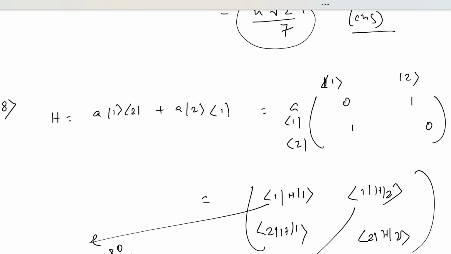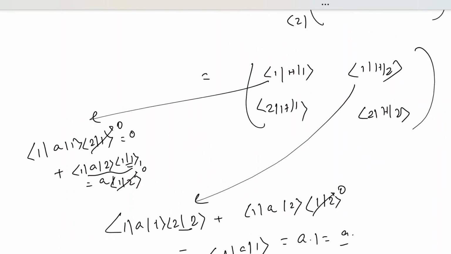So this part is 1, but anyway a is a constant, and again this is 0. So you will see that eventually you will be left with 0 1 1 0. This is your Hamiltonian form.